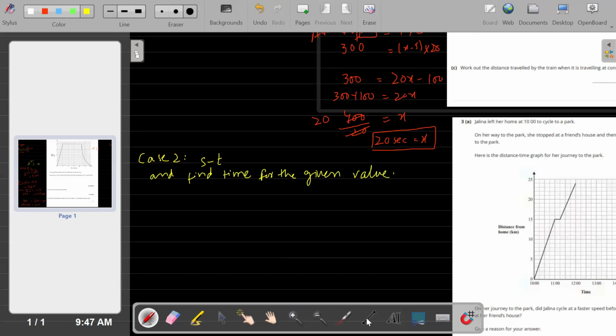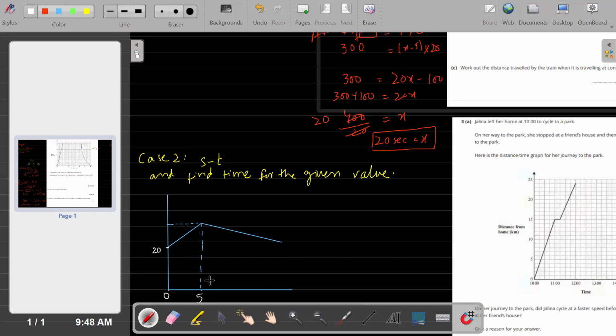Suppose that, okay, Fatma, suppose it is given over here as 20 and this one is 0 and this one is 5.